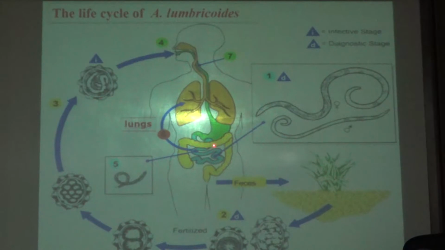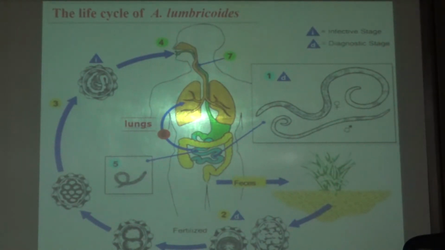It actually goes from the intestine, it penetrates the intestine and enters the blood circulation, and through the blood circulation it enters the lung, and there it again causes signs and symptoms, we use the term pneumonitis for that.